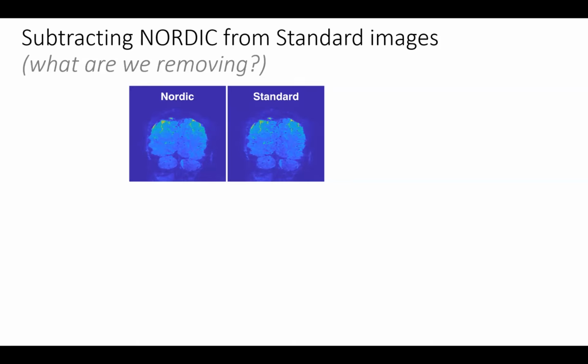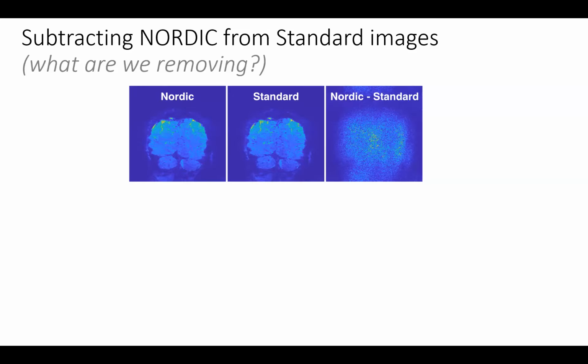So if you just do a simple subtraction in image space, it's not going to produce the results that you're actually looking for. You need to go back into complex space and do this subtraction in a clever way. Otherwise, you're really distorting the linear and nonlinear nature of these relationships. And so here's an example of a single volume of Nordic residual.